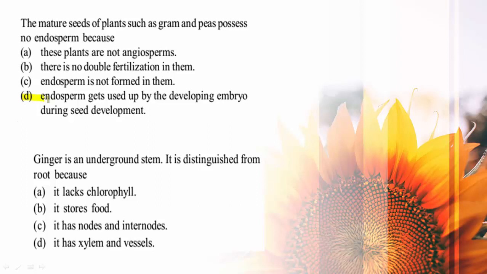Because endosperm gets used up by the developing embryo during seed development. Once the embryo completely develops, it consumes the entire endosperm present in the seed. Therefore, at maturity, the seeds are without endosperm. Hence, they are exalbuminous or non-endospermic seeds. Then coming to the next question.